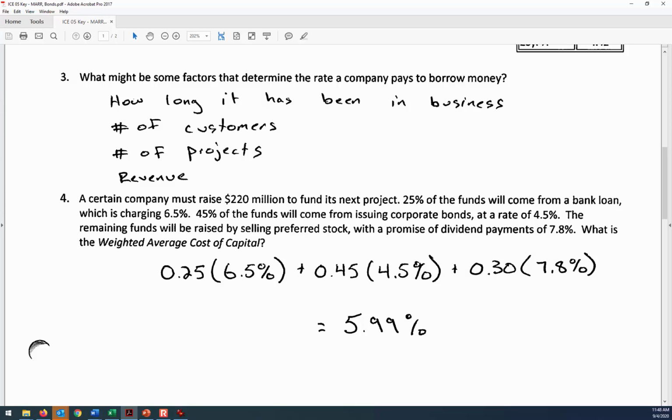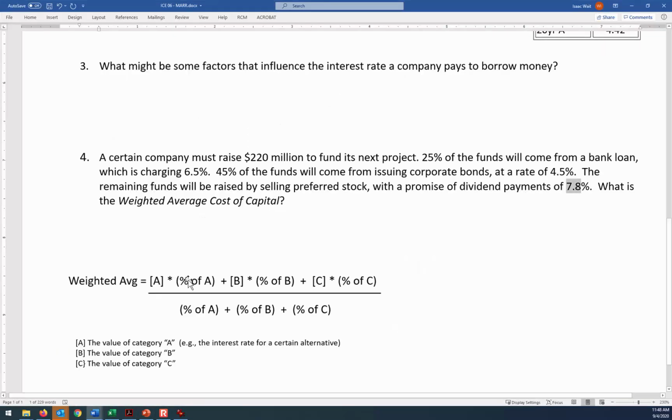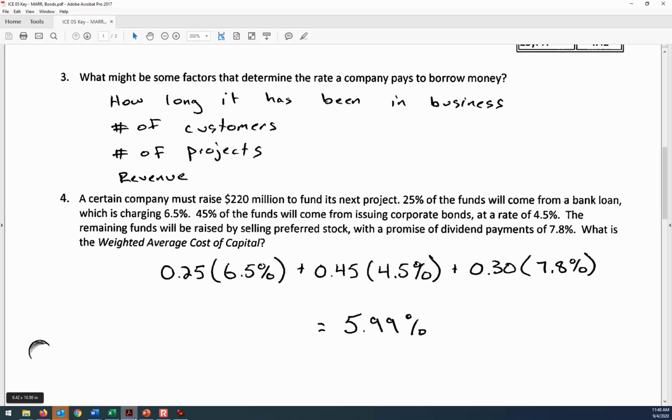All right, here's the weighted average. It's saying that 25% of the money that's borrowed, now I think in the formula that I showed you it said to do percent of A, and here I've done it as a decimal. I took a shortcut where if you do it as a decimal, then you don't have to divide by 100 in the end.